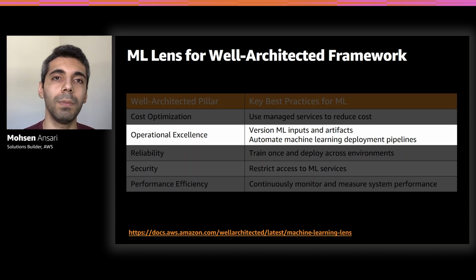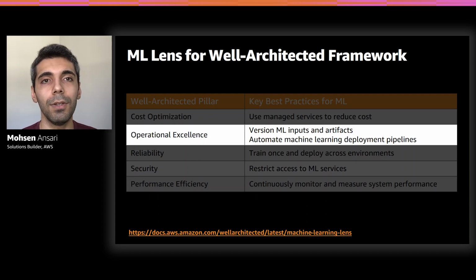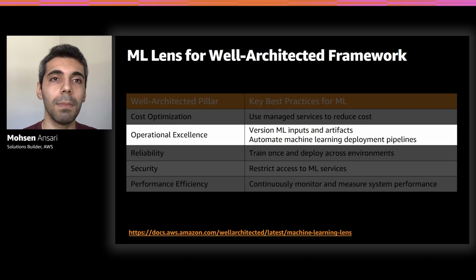If you don't version your machine learning inputs and artifacts, when you're putting in the machine learning inputs, for example, a model, that model may not be accurate or may not generate the same outcome as you wanted. So you want to revert back to the last version that was working and stable.